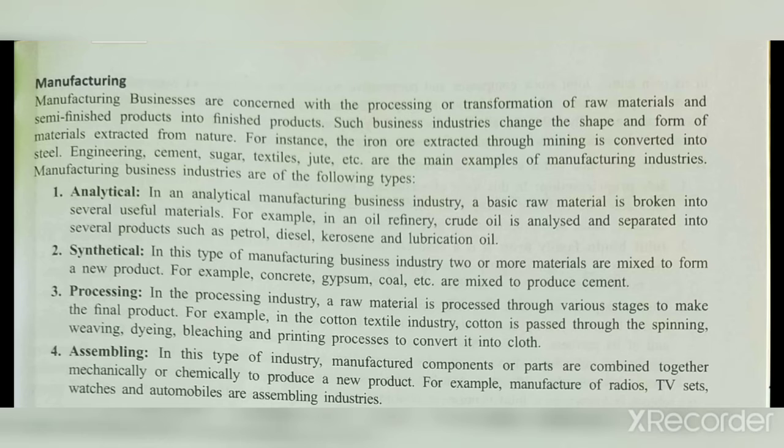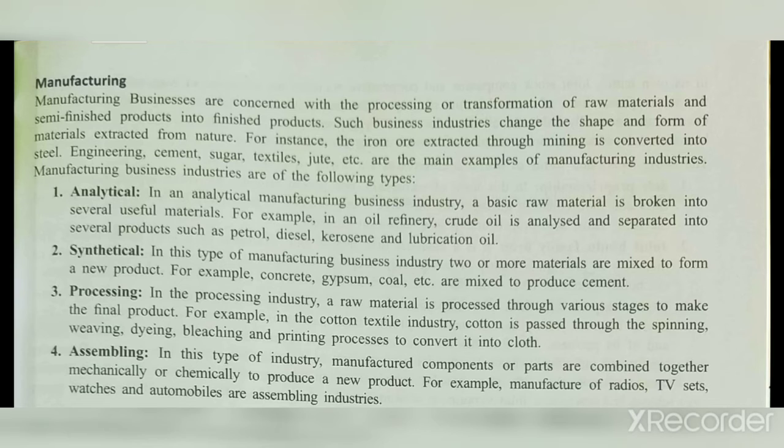From a single raw material you will get many useful materials, because while you are processing and extracting a particular product from the raw material, you automatically get many different useful materials.